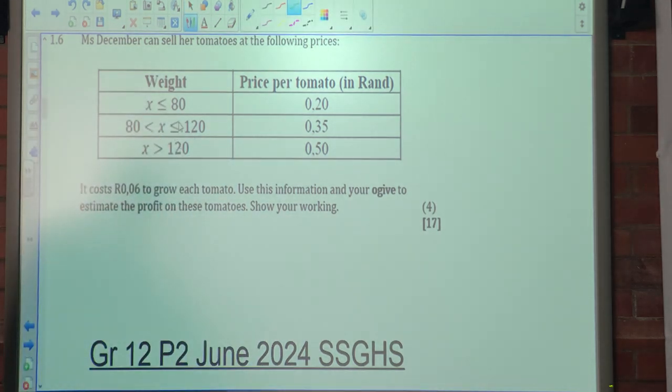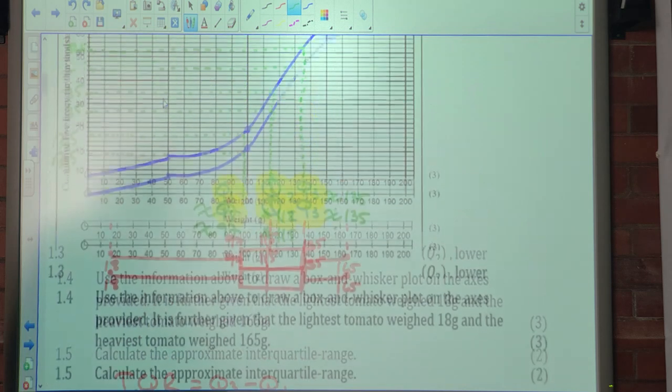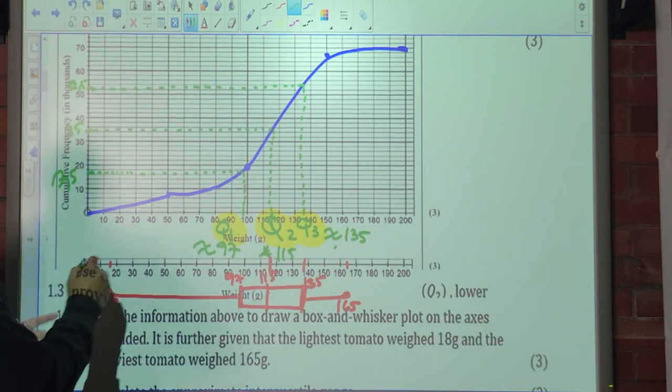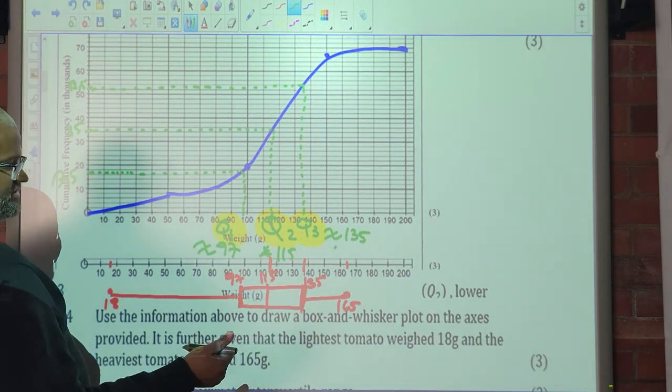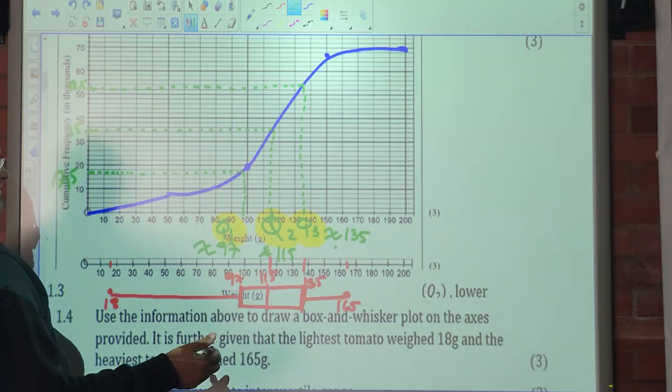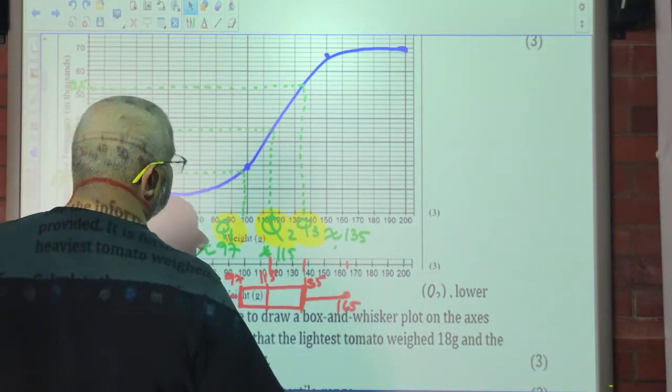So we have to find how many tomatoes come in at a weight less than 80 grams. Okay, so we go here. Let's use black.